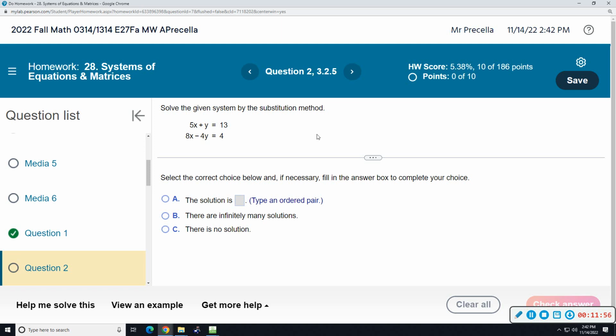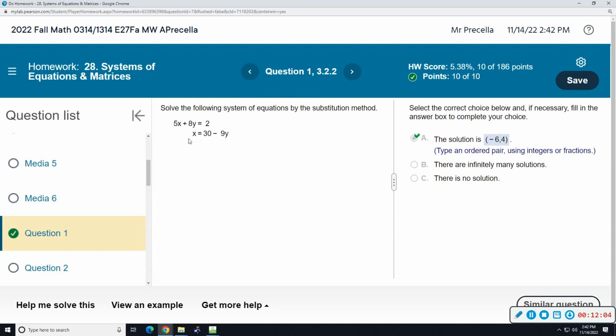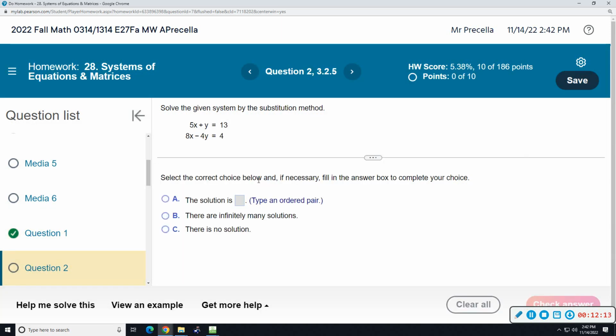Now, how does this problem differ from the one we just did? In the one we just did, one of the variables was already isolated. On problem 2, there's no variable that's isolated.